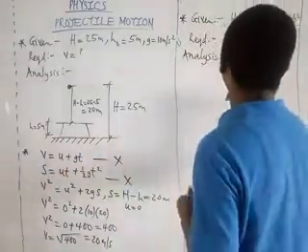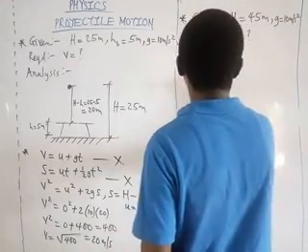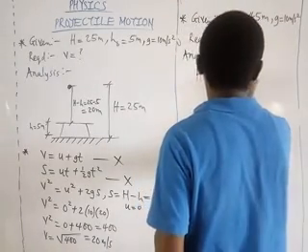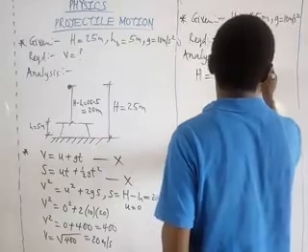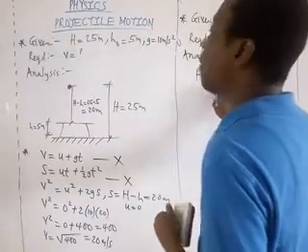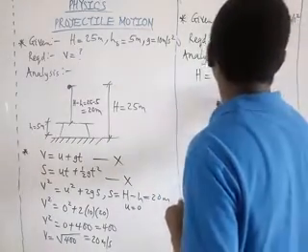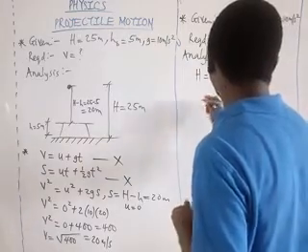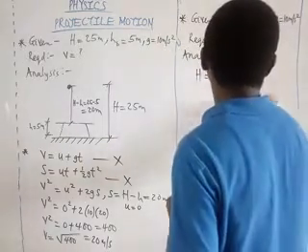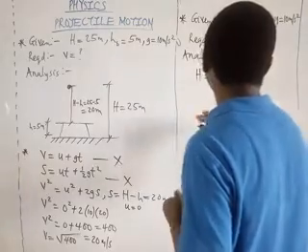So equation 2. Equation 2 says h is equal to ut plus half gt squared. Take note of that. Before the body is released, our u is assumed to be 0. So we can fix in all the given values to obtain the unknown.